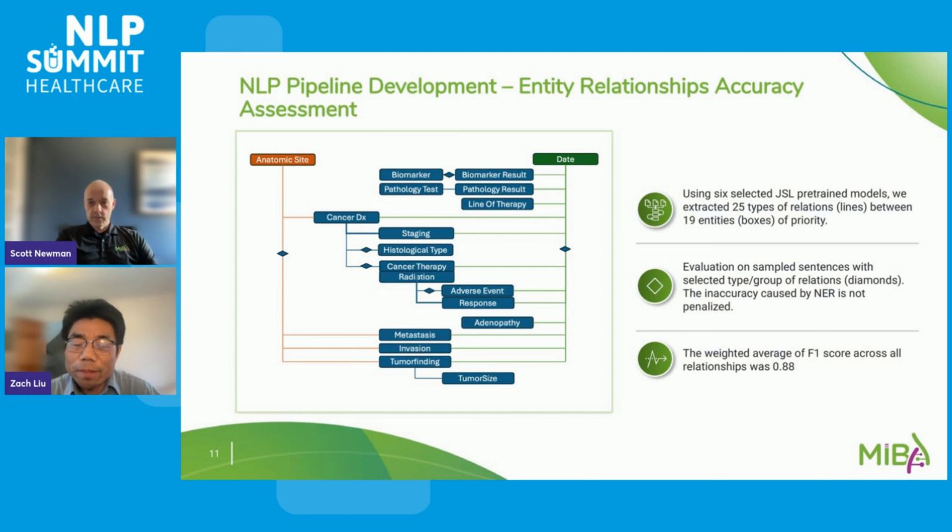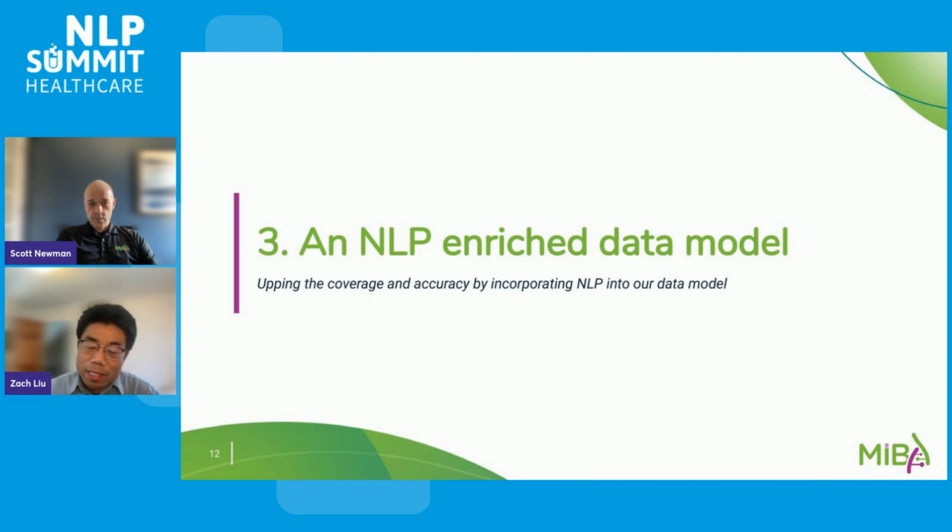So here, based on the relation evaluation on the diamond ones, we have average F1 score about 0.9, which is pretty good. Next, we will use all of this NLP data, integrated into a data model, which is actionable. I pass this to Scott.